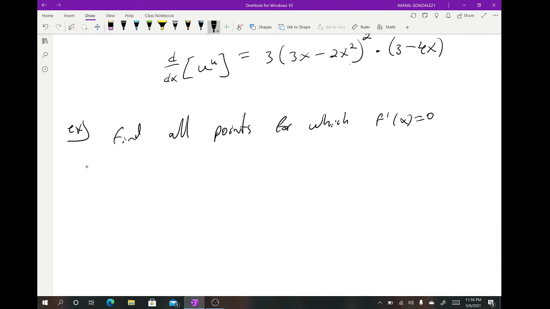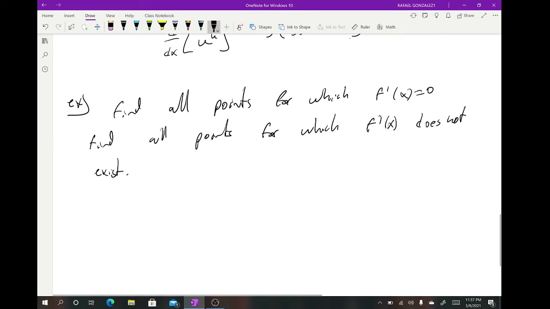Actually, let's also find all points, because it's not that difficult, for which f prime of x does not exist, where the derivative does not exist. It's also not that difficult a problem.